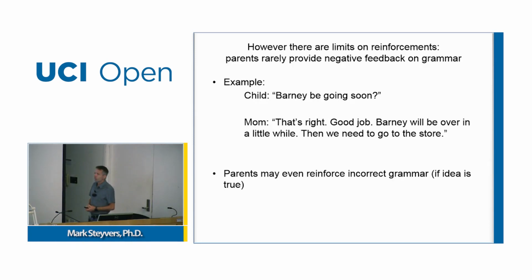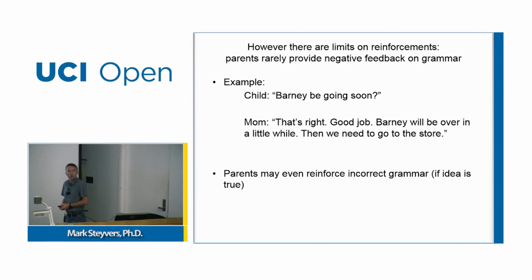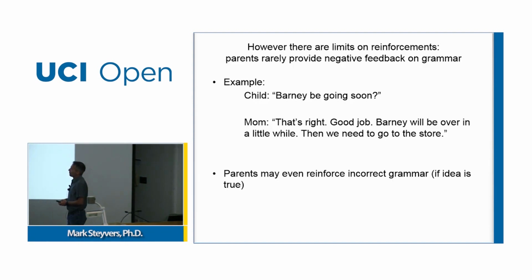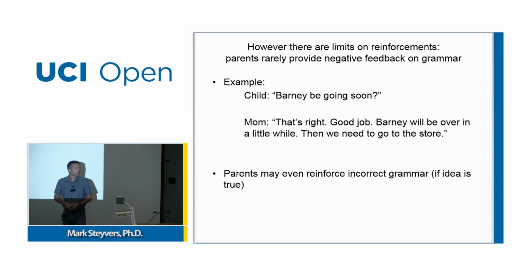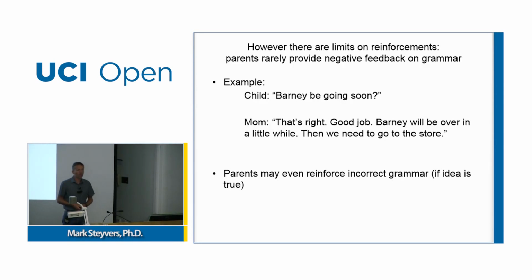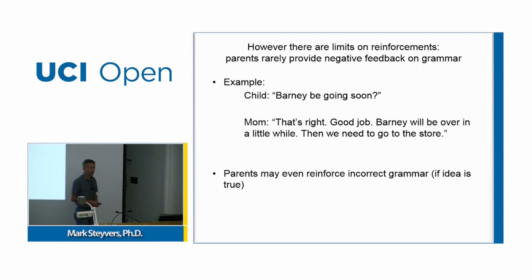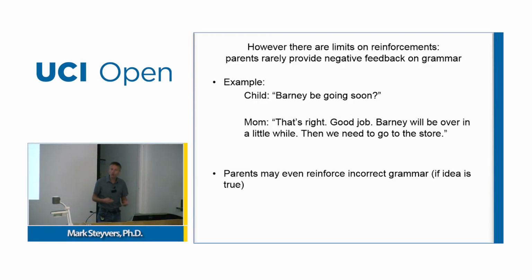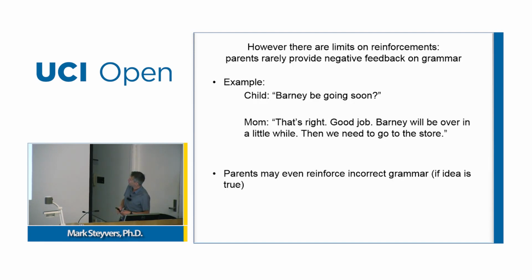So the mother here is reinforcing the wrong grammar, but the right idea, right? And parents in general rarely try to correct incorrect grammar. It's almost futile if you do so. It would be very time-consuming. So children are extracting grammatical patterns without feedback from their parents.